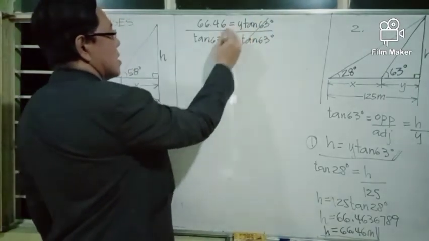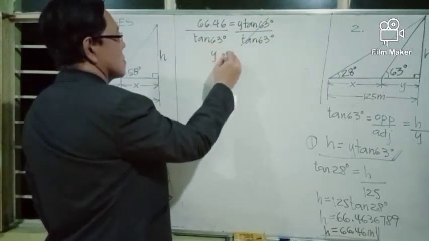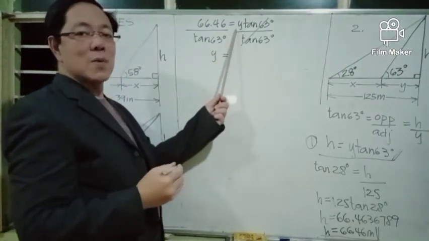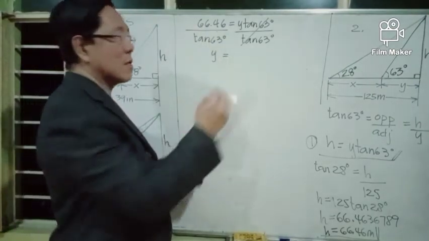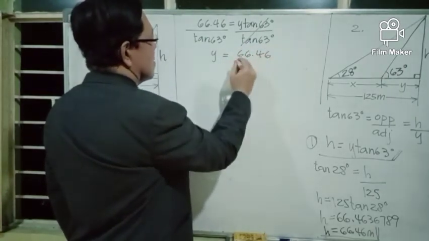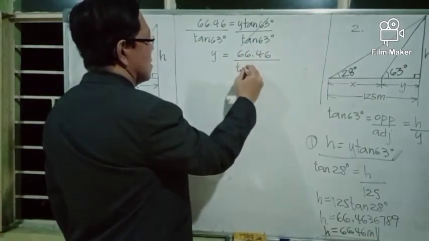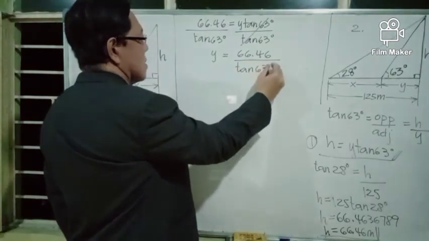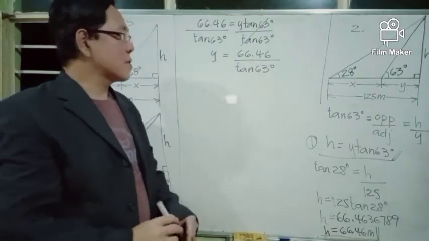And we get y equals 66.46 divided by tangent of 63 degrees.